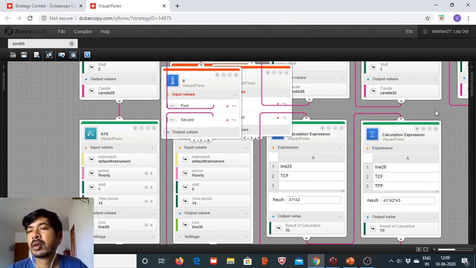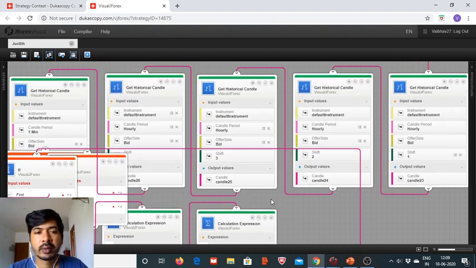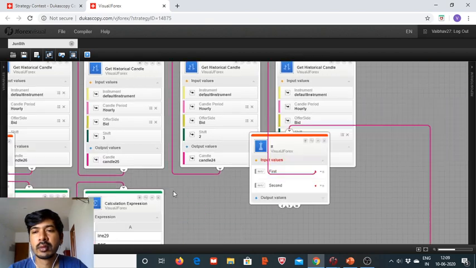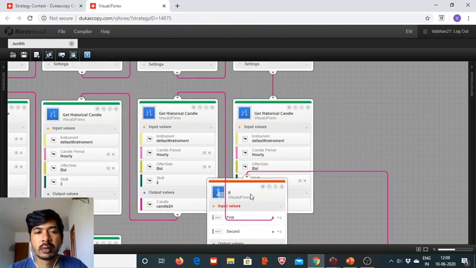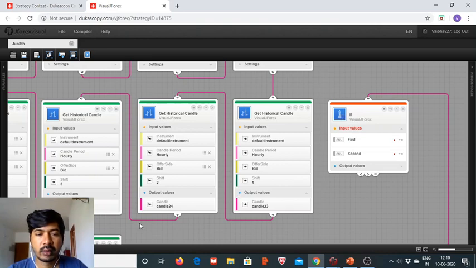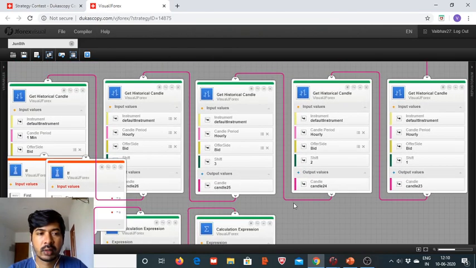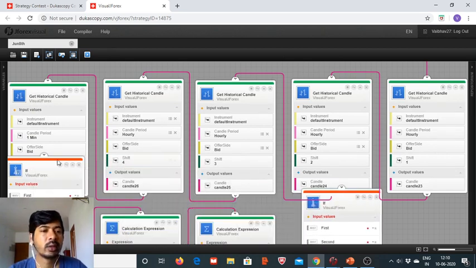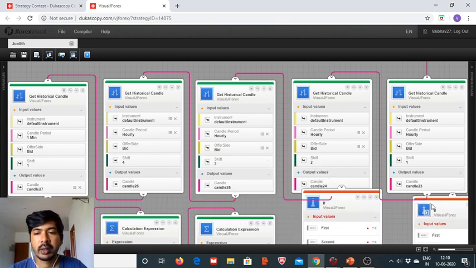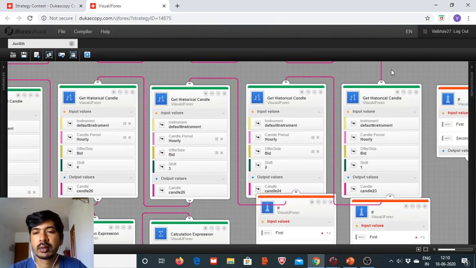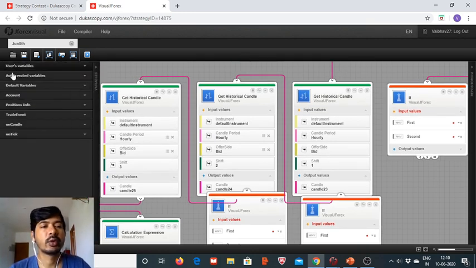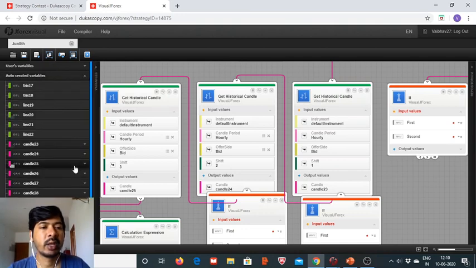So here we will need to look at the candle 26 data, candle 26 closing level, and it should have closed higher than that TSF range. So we look at candle 26 close, auto created variable, candle 26 is here.